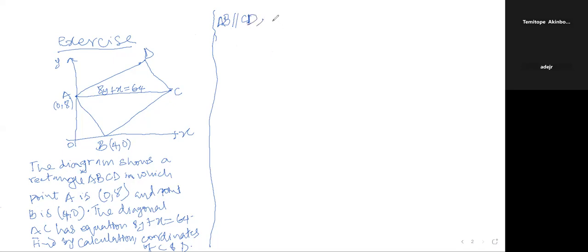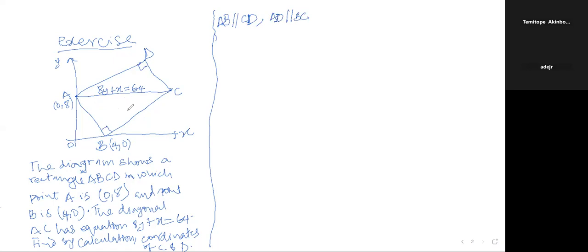Do you agree with that? Yes, sir. AD is also parallel to BC. Now, another thing you must take note of in a rectangle is that the corners are perpendicular, right angles. So this place is 90, this place is 90, this place is 90, this place is 90.